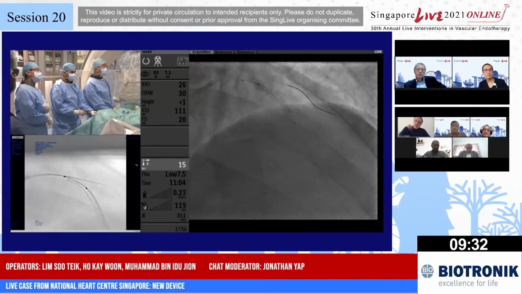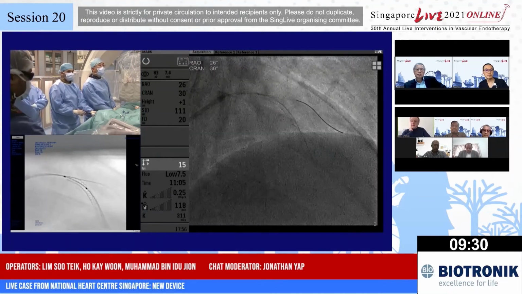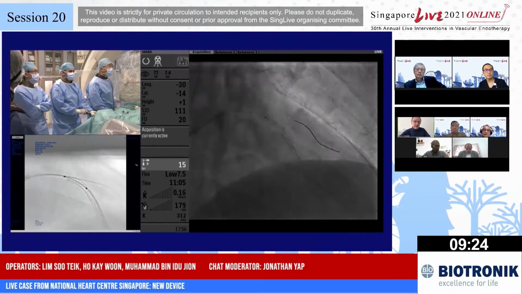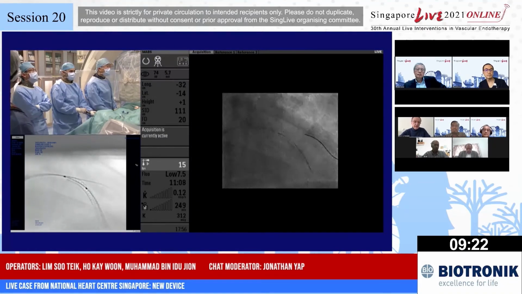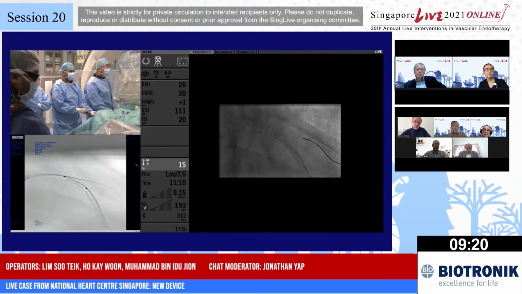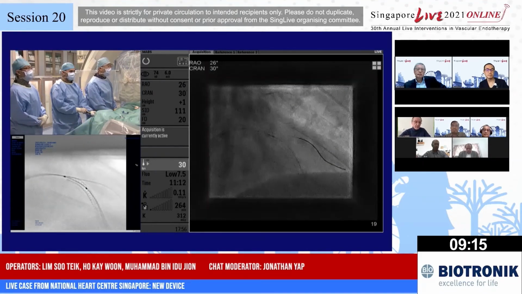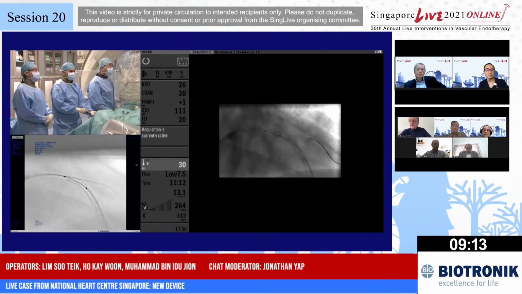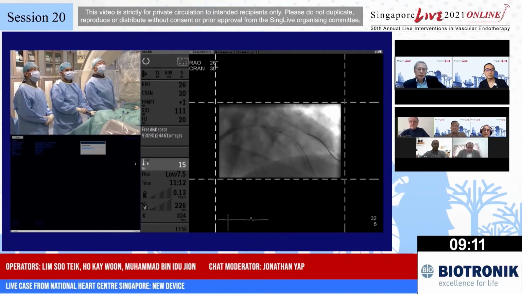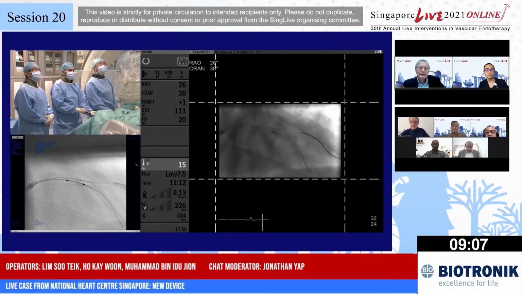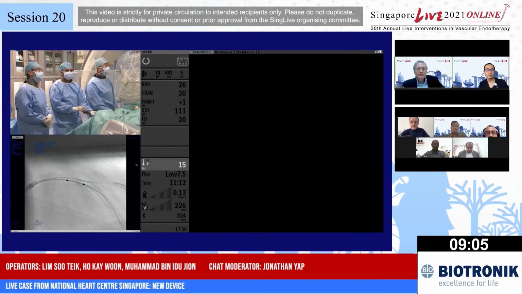And then if necessary, after OCT, you may or may not do another post-dilatation, but most of the time a first post-dilatation is almost routine. Not routine, but almost. We don't intend to be too aggressive. He post-dilated with an NC balloon already.